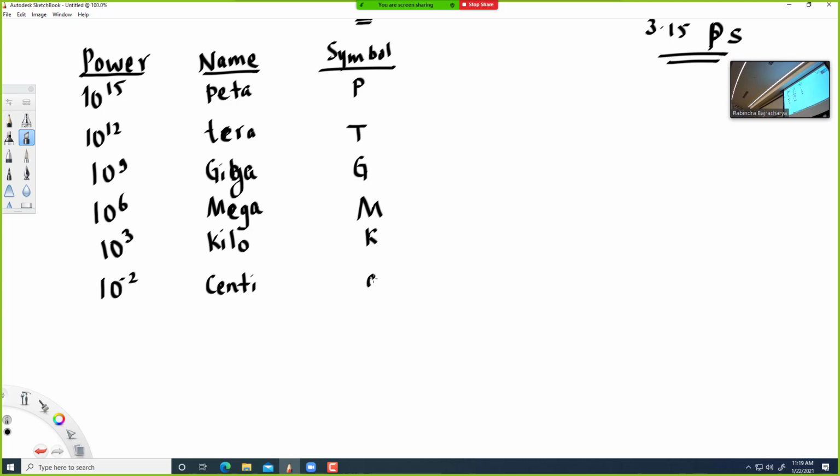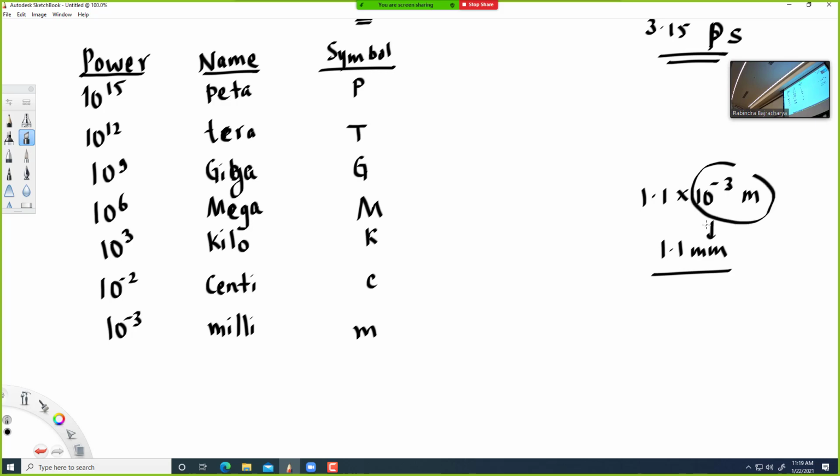So that's small c. If you have 10 to negative 3, you can write that as milli. For example, if you have 1.1 times 10 to negative 3 meter, you can write that as 1.1 millimeter. So this 10 to negative 3 is milli.